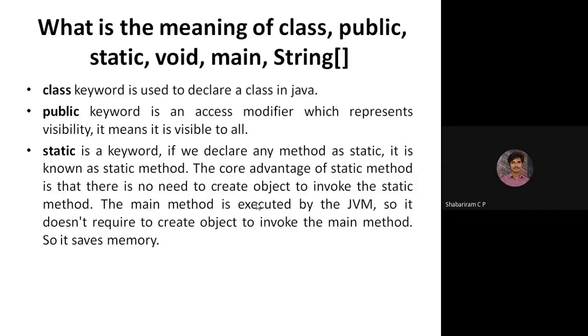That's why we have included static as a keyword for the main function. So in Java, the main function is always a static method. Why? Without an object, my JVM is going to invoke the class. Here it is a static method, so it doesn't require any object. And also it's going to save memory. That is one more additional advantage of static.